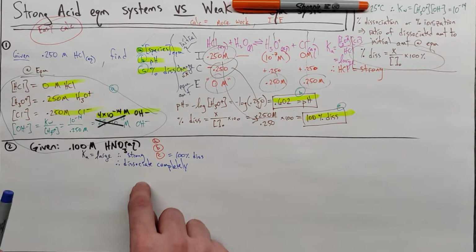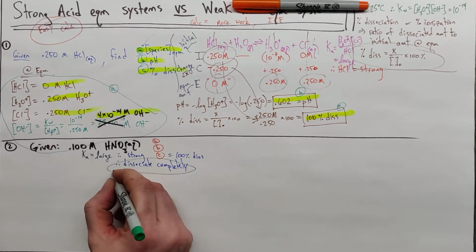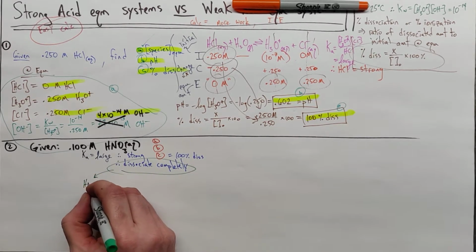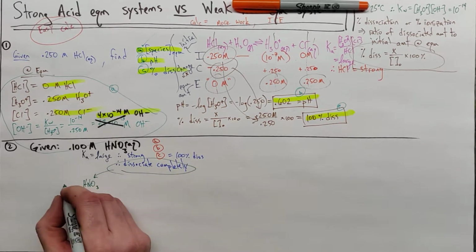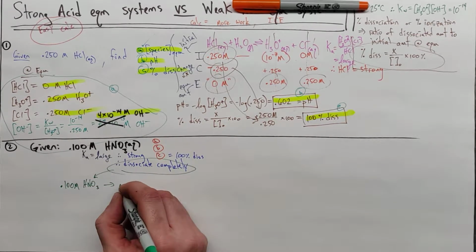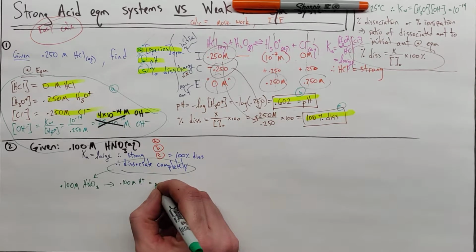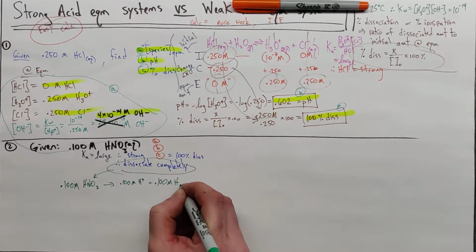If we have this complete dissociation, our HNO3, 0.100 molar, is going to give me 0.100 molar H plus, and that's the same as 0.100 molar H3O plus.